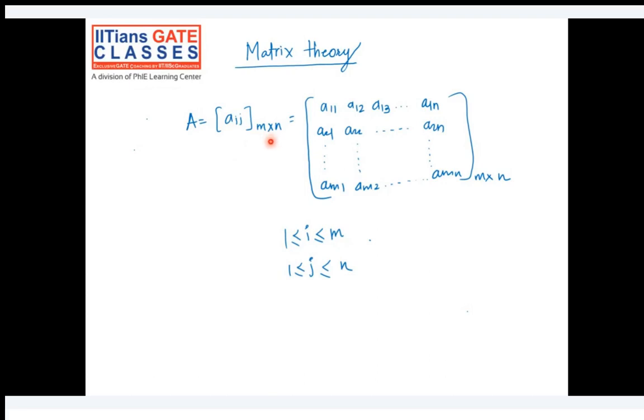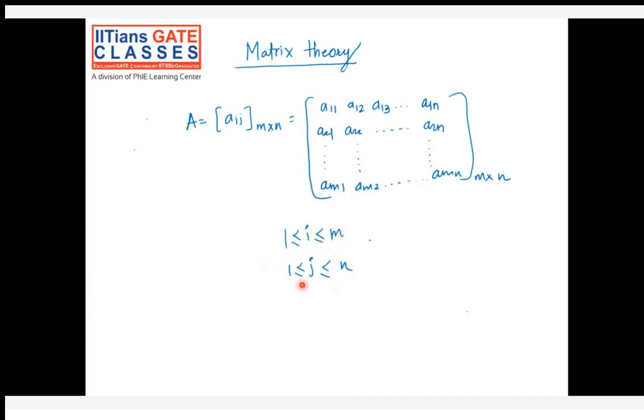So in short, the value of i varies from 1 to m. What does it mean? It means that in a matrix we can have 1 to m number of rows, and similarly 1 to n number of columns. So i varies from 1 to m, and j varies from 1 to n.